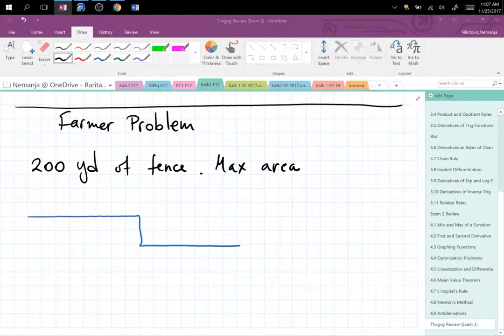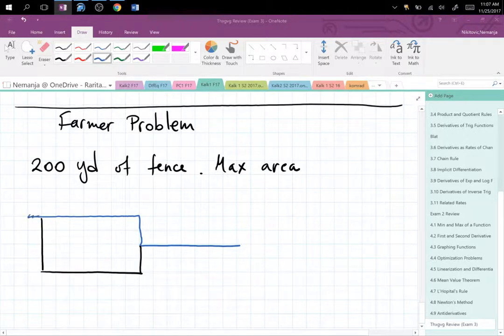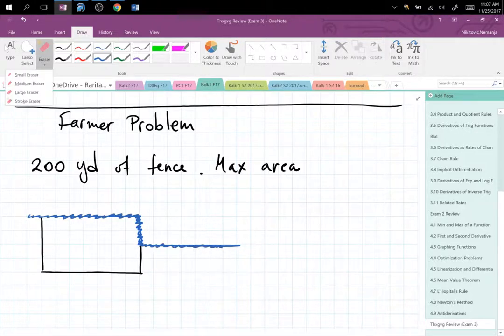The farmer wants to set up his stuff right here. So this over here is the pre-existing fence from the neighbor. Or the government, or whatever.